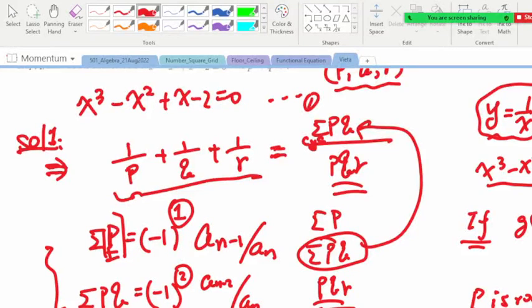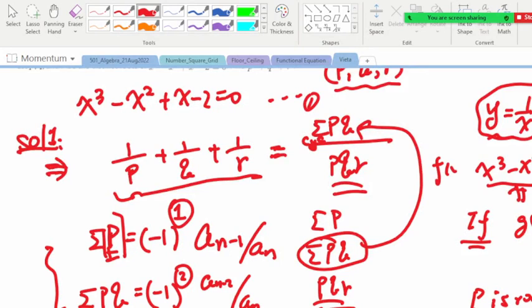So now let's see what we can do. We can have x equal 1 over y, because any root for y, the reciprocal will be the root for x, right? Let's apply this here.